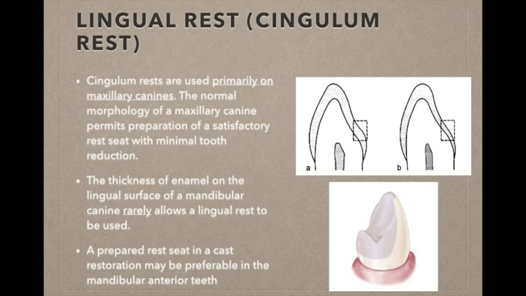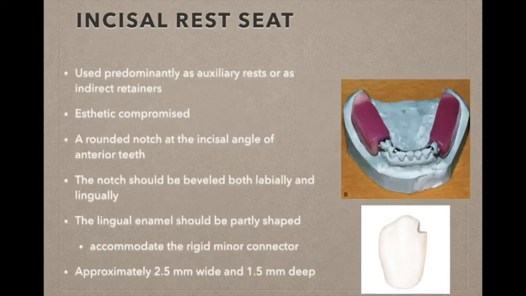So you should check the X-ray to verify the thickness of the enamel before you do a rest seat preparation. And sometimes if we are not able to prep directly on the mandibular canines, then what you can do is prepare the rest seat in a cast restoration and then cement that cast restoration over the tooth.